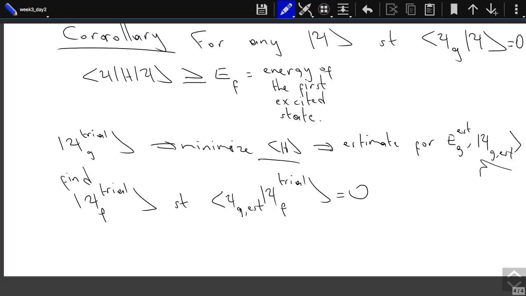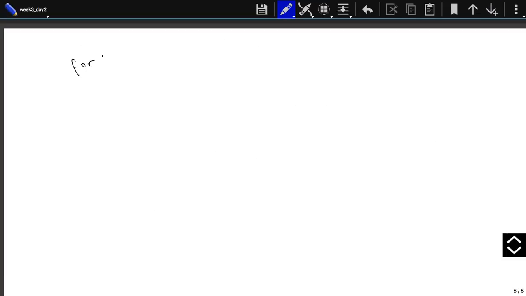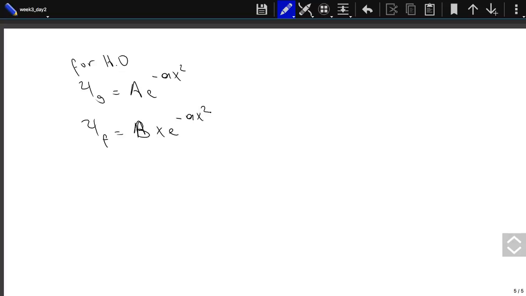Now, the simplest orthogonal wave function to that one for the harmonic oscillator would be, for the first one, let's say b x e to the power minus a x squared. This would be orthogonal to the ground state, and in fact, it will turn out to be the exact first excited state. But for the harmonic oscillator, we were lucky.